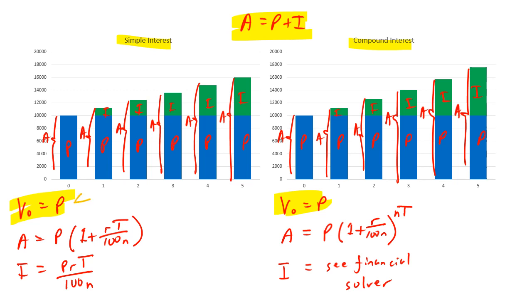P is the principal. And r, little r, that is the interest rate, as a percentage per annum. That's why we have to divide by 100. And then T is years.